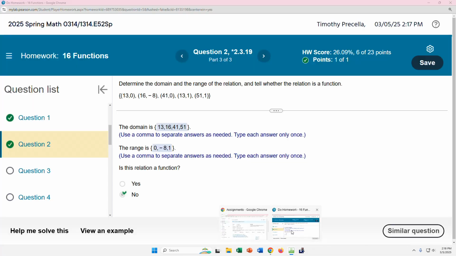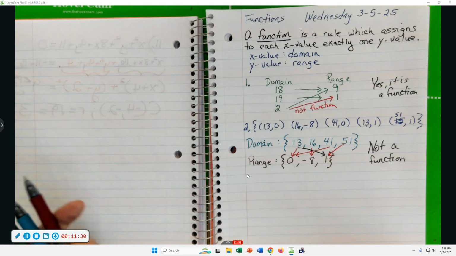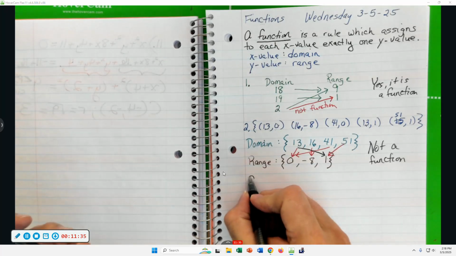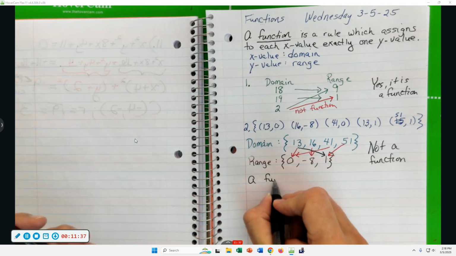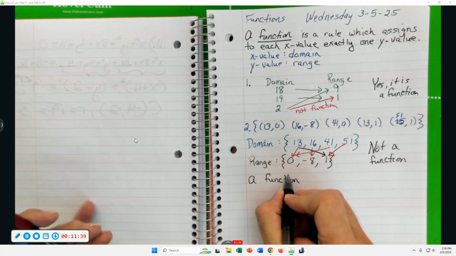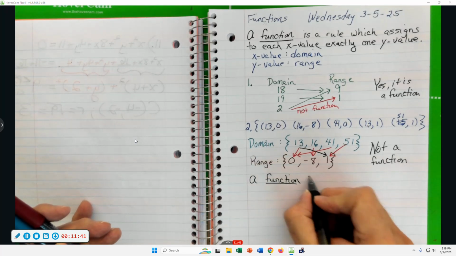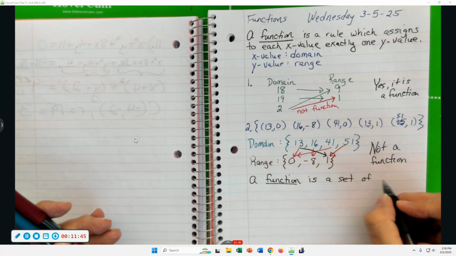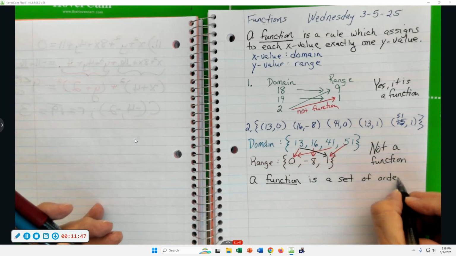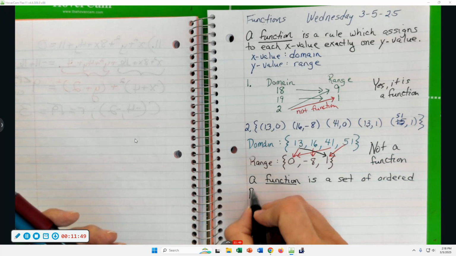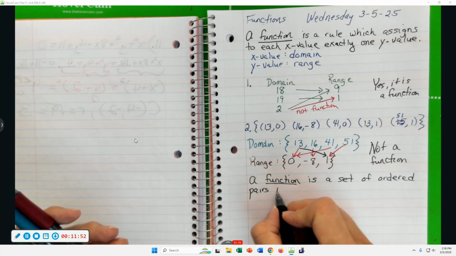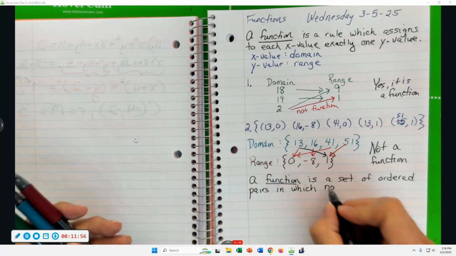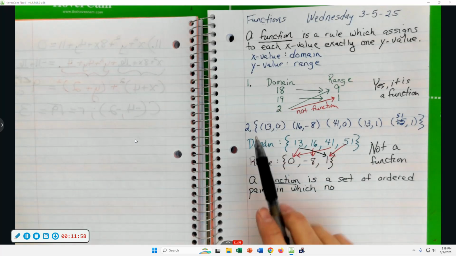And that sort of leads to another definition of function. A function is a set of ordered pairs in which no x coordinates are repeated.